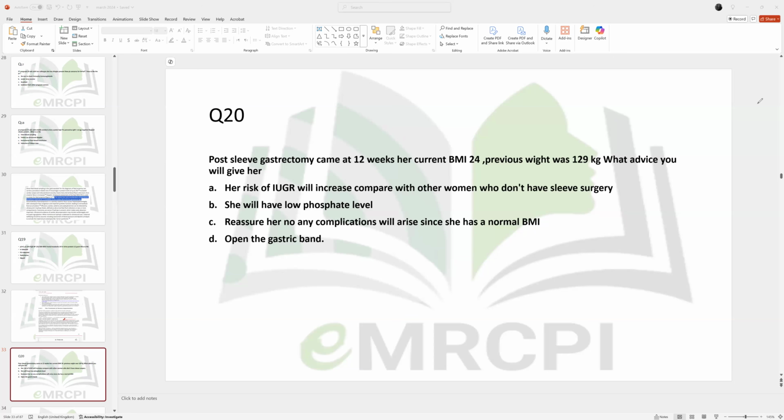Once they have their own recommendation, this will be your reference for the answer. Otherwise, if the topic doesn't have an Irish guideline or no specific recommendation from the college, the RCPI, then you will use the GTG as a reference.